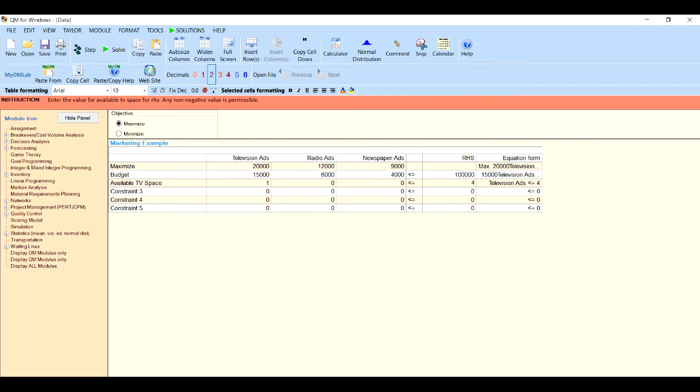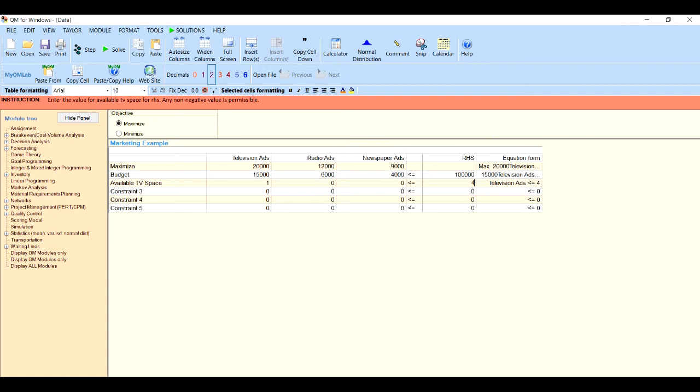What that means is if our television ads, if the number here exceeds 4, it's not a viable solution. It's not a possible solution, because we're in a scenario where we have only 4 available. 4 is okay. 3, 2, 1, no problem.